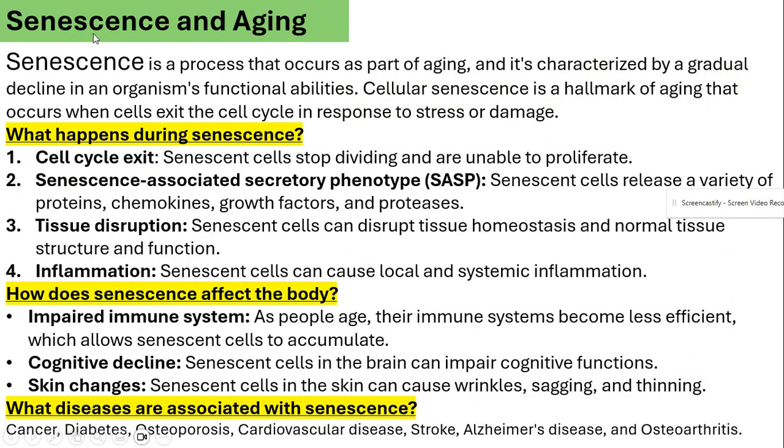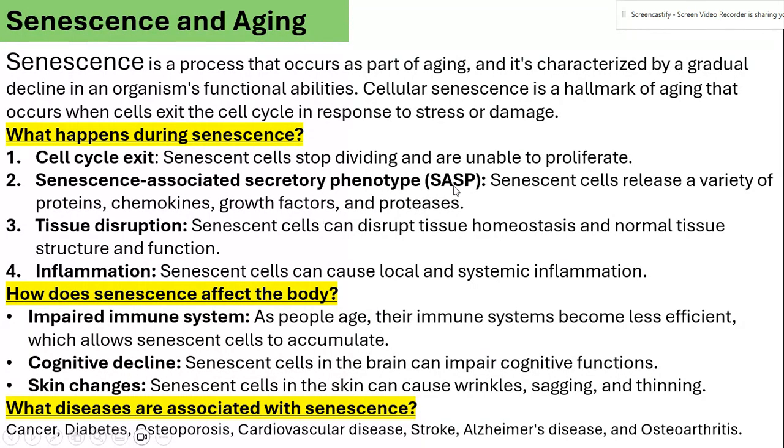Senescence and age. Senescence is a process that occurs as a part of aging. It's characterized by a gradual decline in an organism's functional abilities. Cellular senescence is a hallmark of aging that occurs when cells exit the cell cycle in response to stress or damage. What happens during senescence? Cell cycle exit: senescent cells stop dividing and are unable to proliferate.